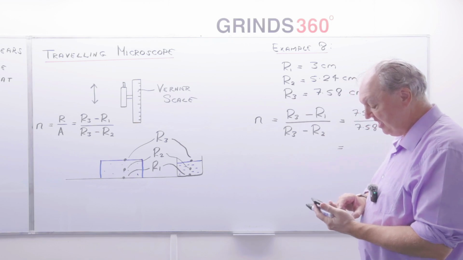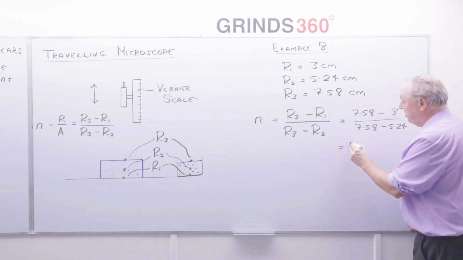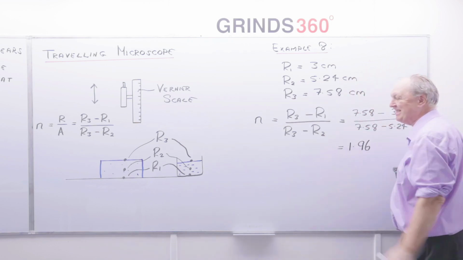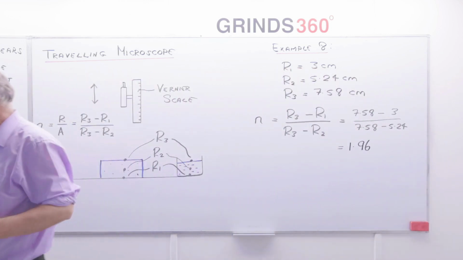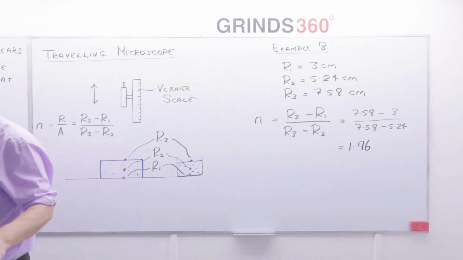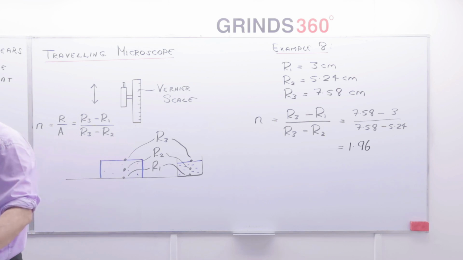So I get about 1.96 as the refractive index of that plastic slab. So the questions are very, very simple. Okay, so that's a really short lesson. The calculations are also very simple. So now it's just over to you to do a little bit of practice.